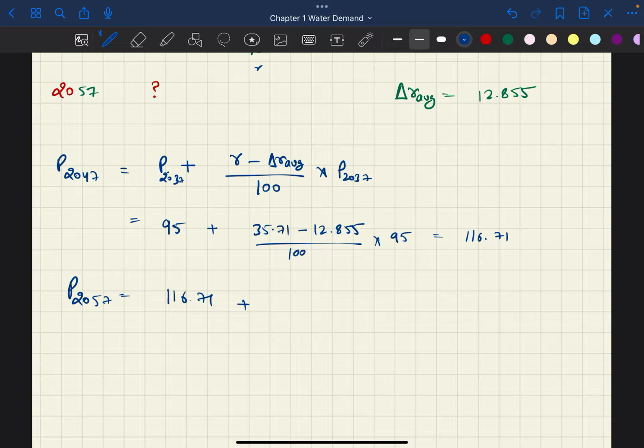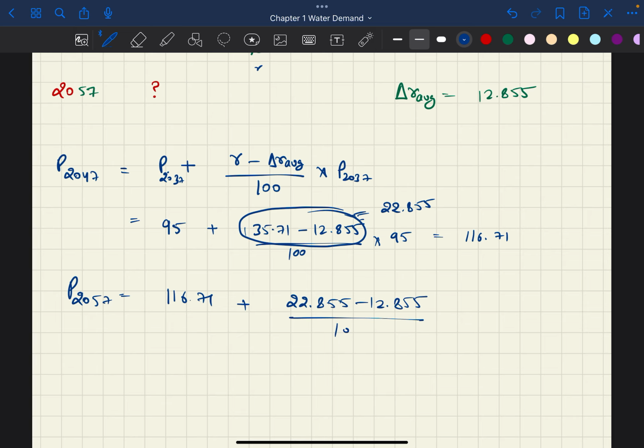So population in 2057 will be equal to the last known population, 116.71, plus this increase. This decrease is noted. What is going to be this decrease? This is equal to 22.855. So 22.855 minus 12.855 divided by 100 into last known population is this. After calculating we get this value 128.381.